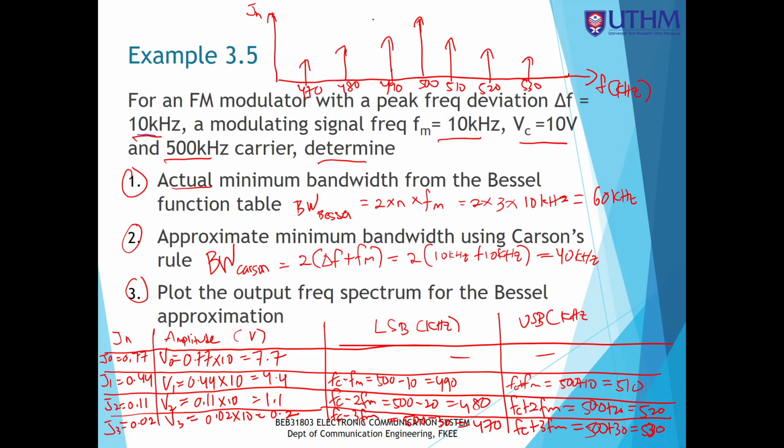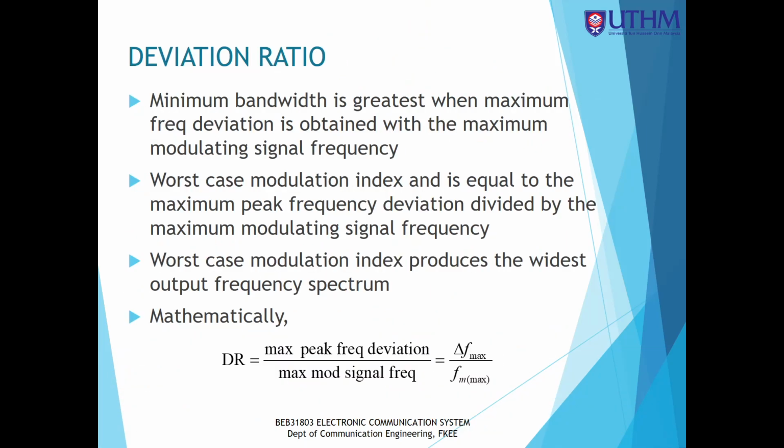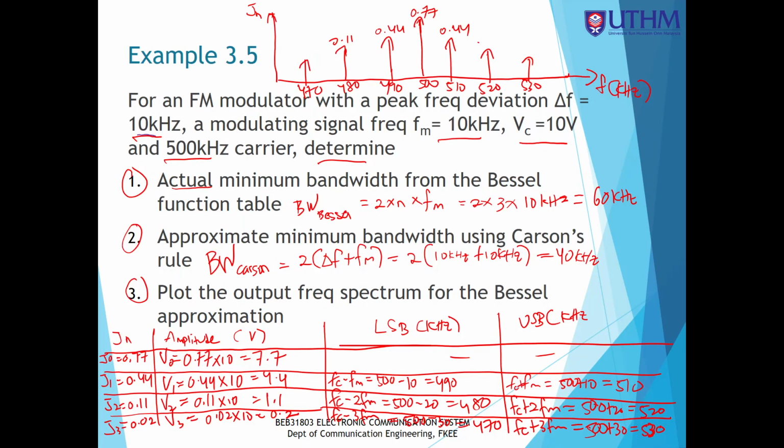Okay, so if this is a Jn, that means this is 0.77, 0.44, 0.44, 0.11, 0.11, this is 0.02, this is 0.02. So this is a relative amplitude spectrum.